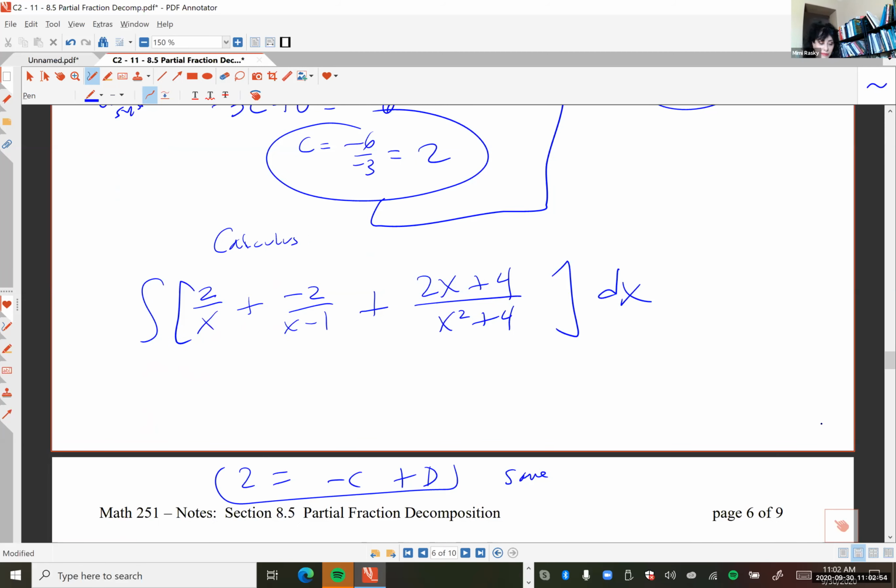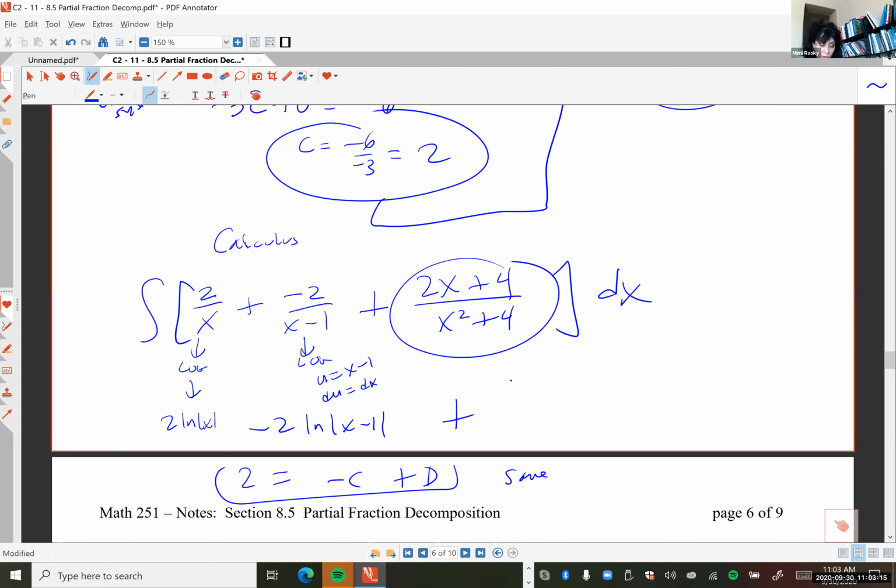Everybody with me? So this is the log rule, this one's the log rule, this is going to require some work. So let's just do the first 2 terms, 2 ln absolute value of x. If you use some u sub here for the second term, you'll just end up with minus 2 ln absolute value of x minus 1.